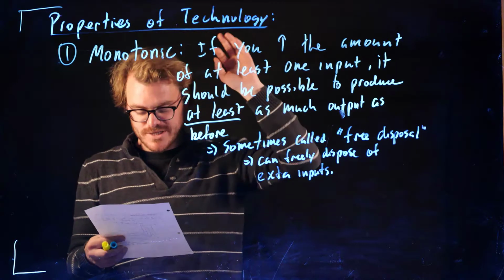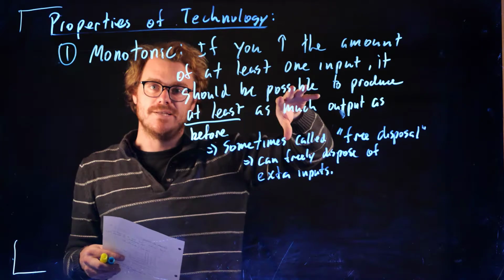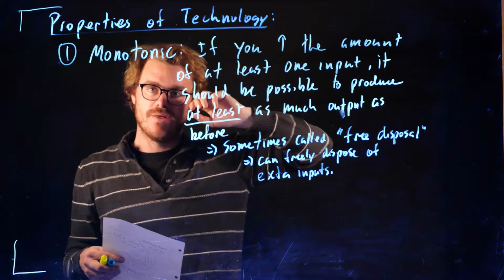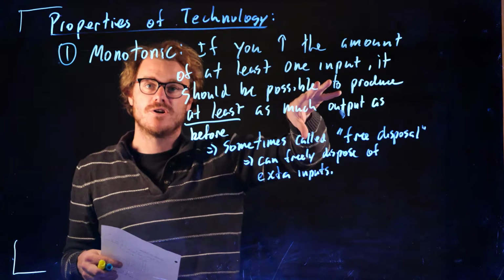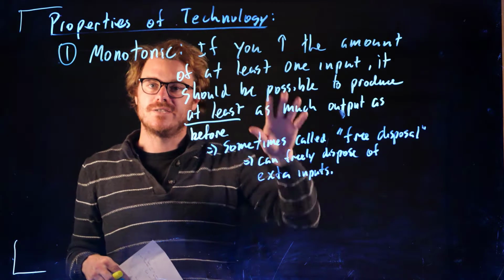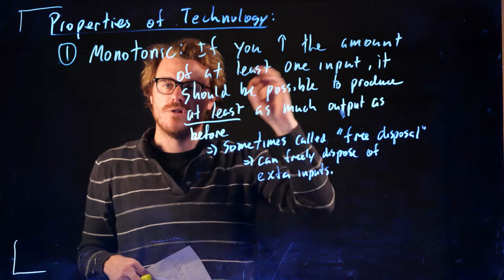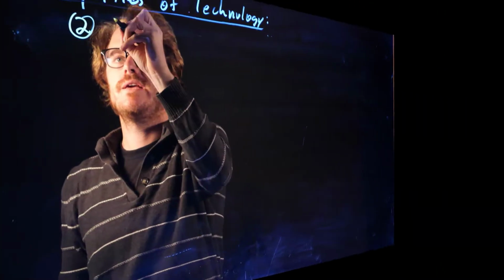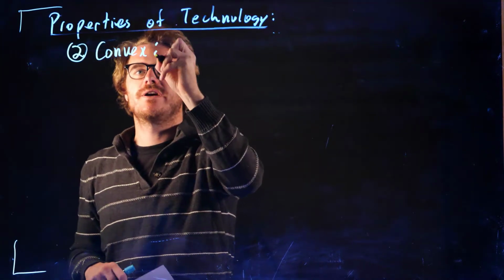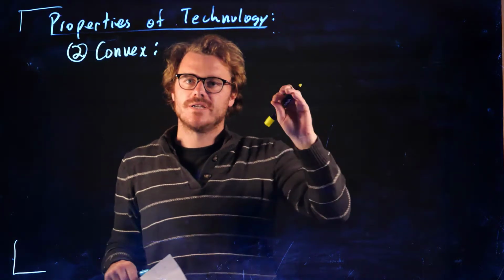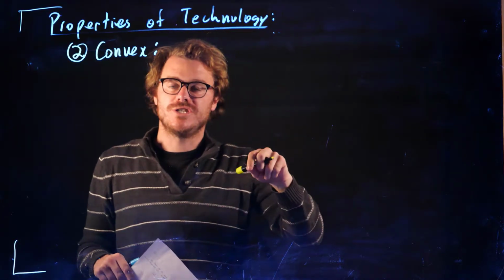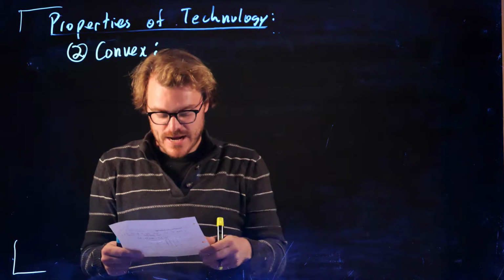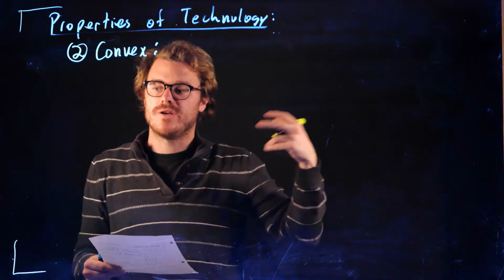The second one has to do with convexity again, just like we saw with the indifference curve. So let's erase this and talk a bit about convexity when we're applying it to these production functions. The second property is convexity. I'll just write convex here. We're often going to assume that technology is convex, or has the property of convexity.